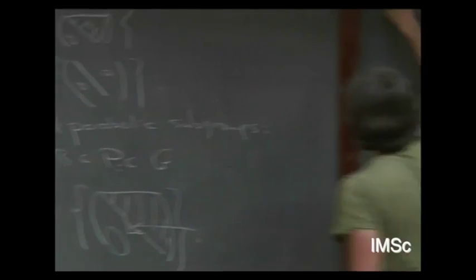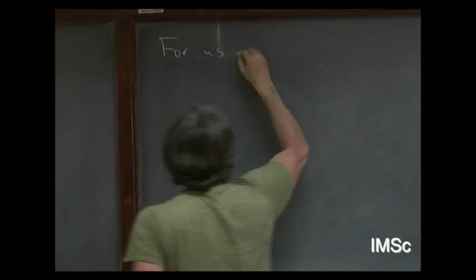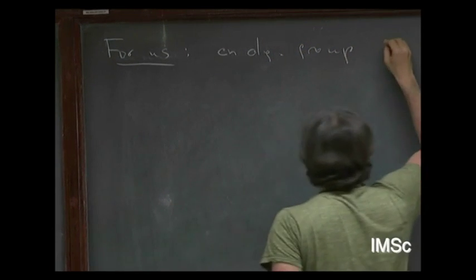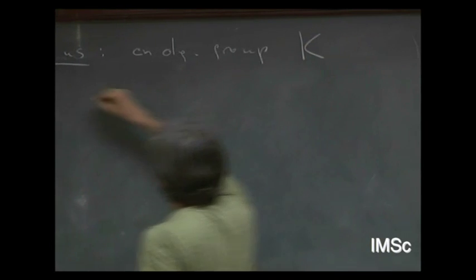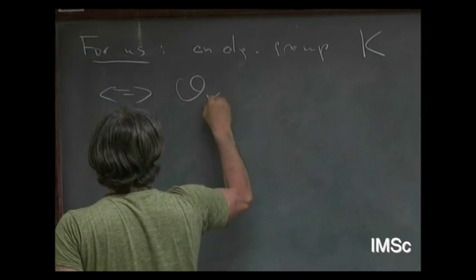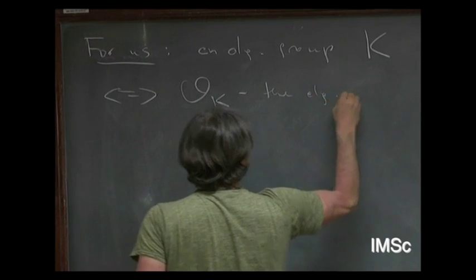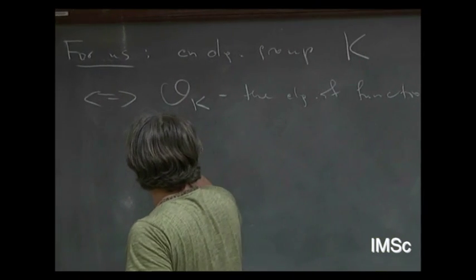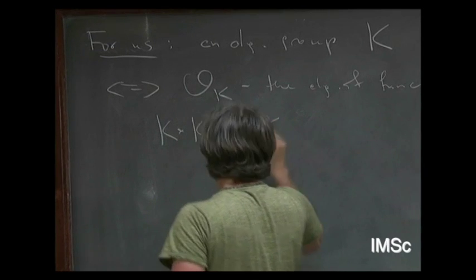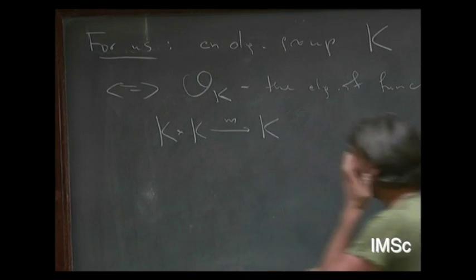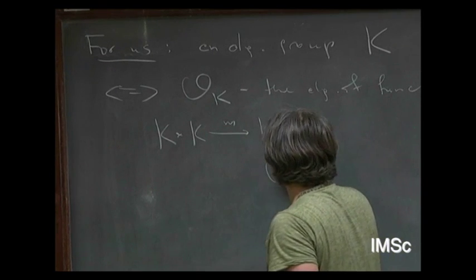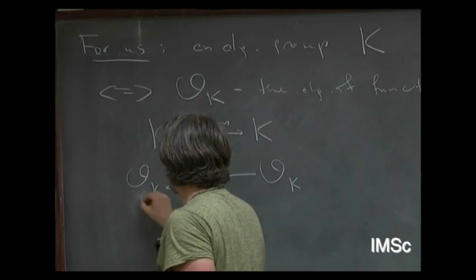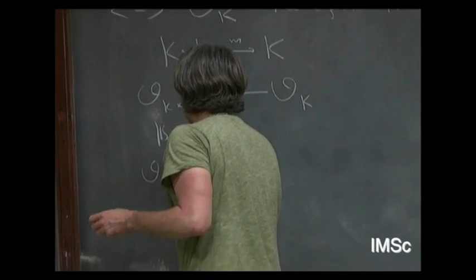So for us, an algebraic group, whatever group we take, K, is the same as the algebra of functions on K, and then since we have the product K times K to K, so it's the multiplication in the group, then pulling back functions produces a map from O(K) to O(K times K), which is the same as O(K) tensor O(K).